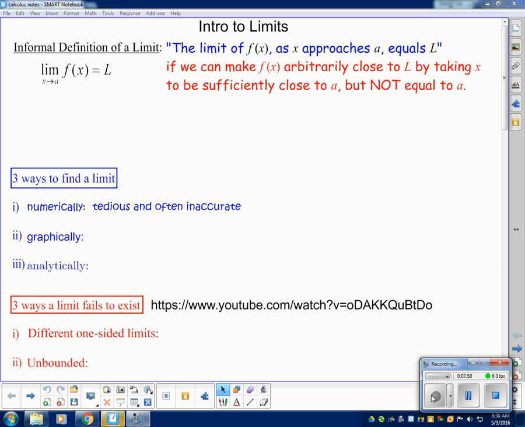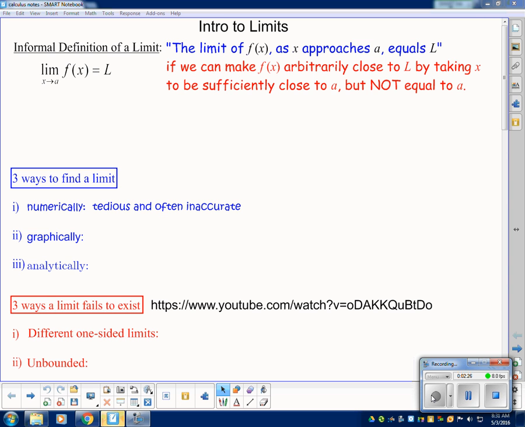So that's what you would do on your table: you would plug in values closer and closer to A and look on your table and see what y value it is getting closer and closer to. Tedious and often inaccurate. You can have funny things happening with functions on even a very small interval, so I've got to be careful about that. But numerically, or using tables, that's what this is.